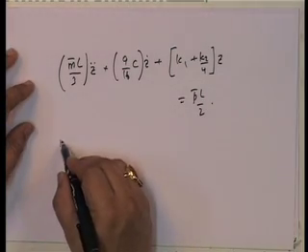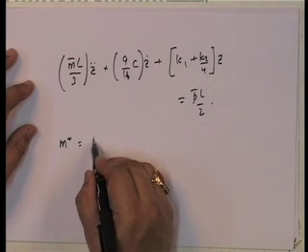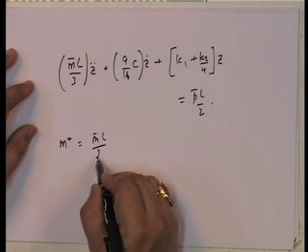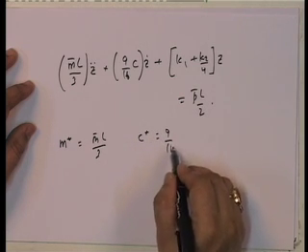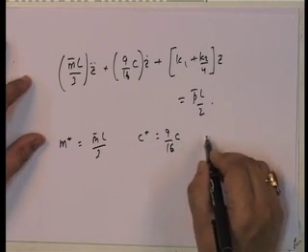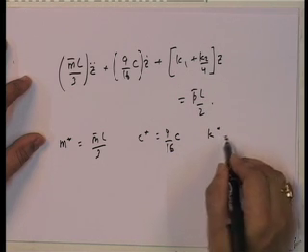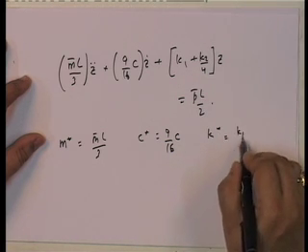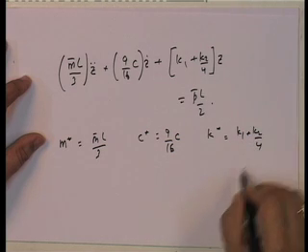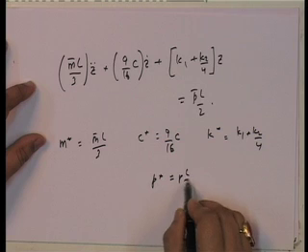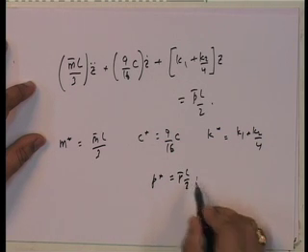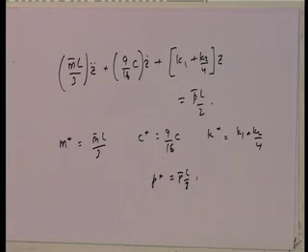So, what is m star? m star is m bar L by 3, c star is 9 by 16 c, k star is equal to k1 plus k2 by 4, and p star is equal to p bar L over 2. Okay. Let us look at this.